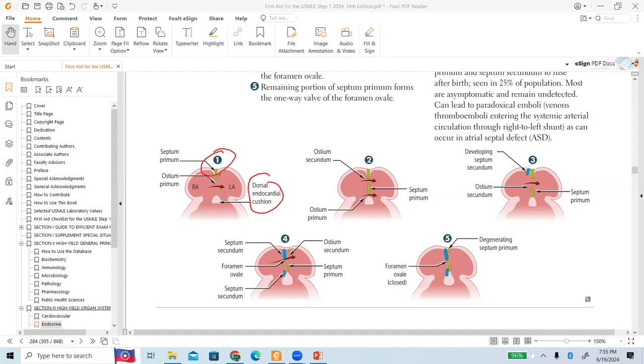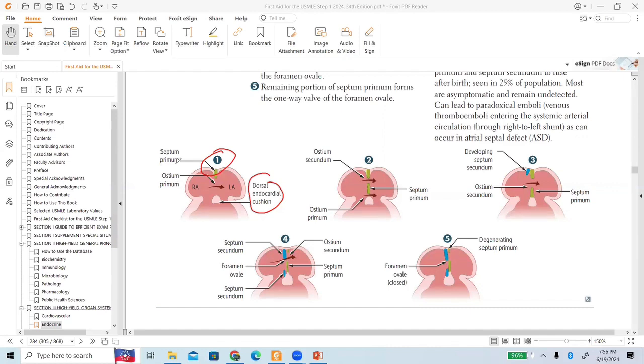So the space between the septum primum and the endocardial cushion is the ostium primum. So the ostium primum is an opening. Ostium primum is in between which structures? Between the septum primum and the endocardial cushion.